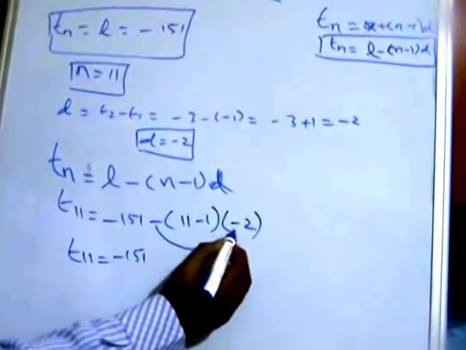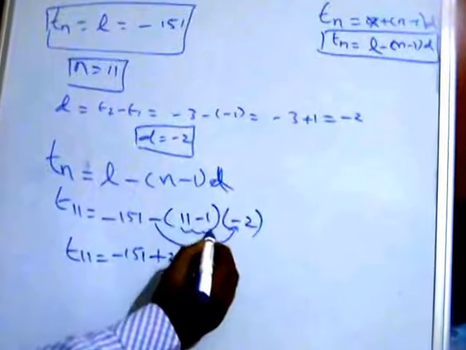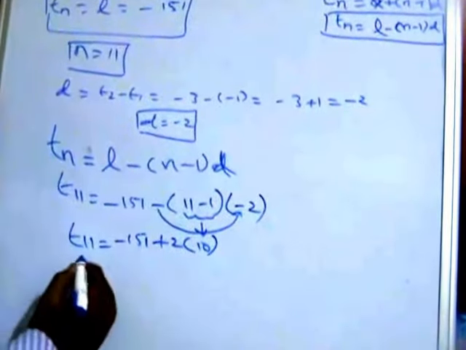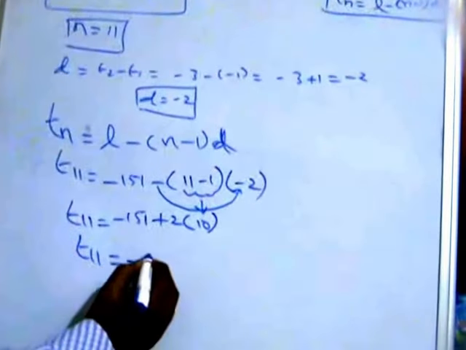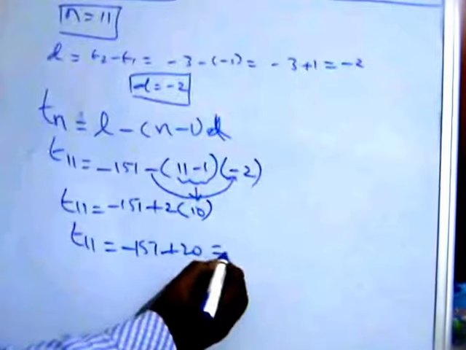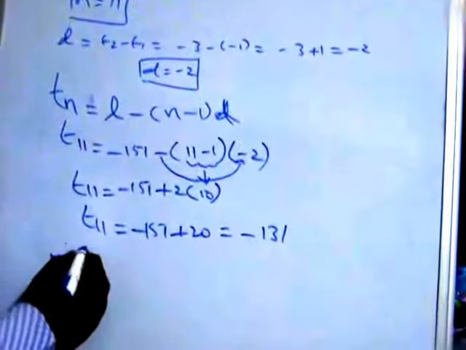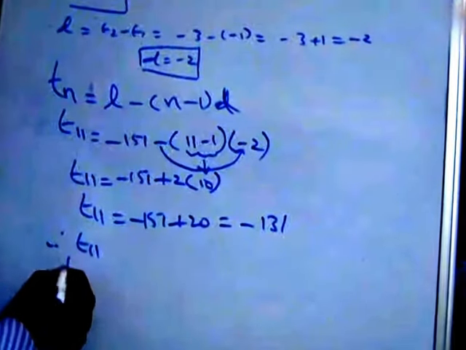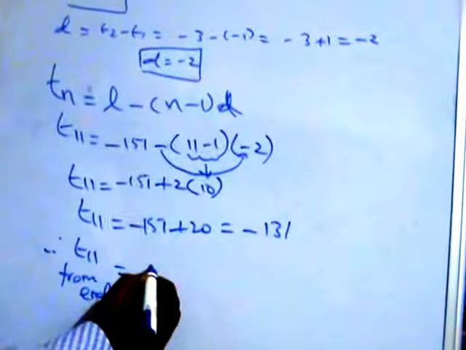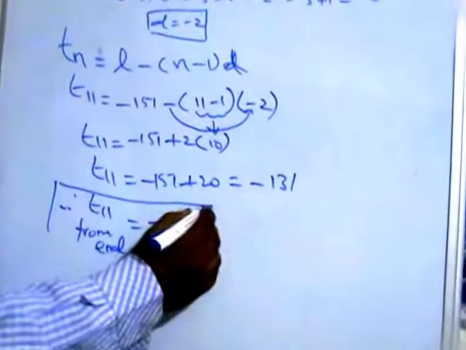This minus and minus will become plus 2 into 11 minus 1, which is nothing but 10. So you get T11 equal to minus 151 plus 20, which is minus 131. Therefore, the 11th term from the end is equal to minus 131. Hope you understood this model.